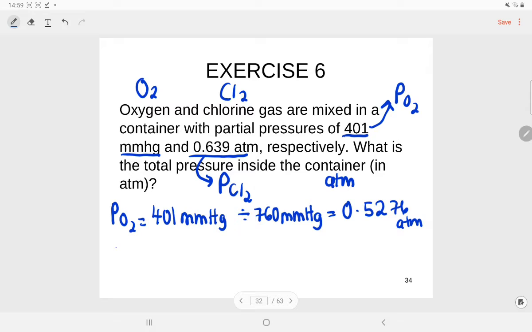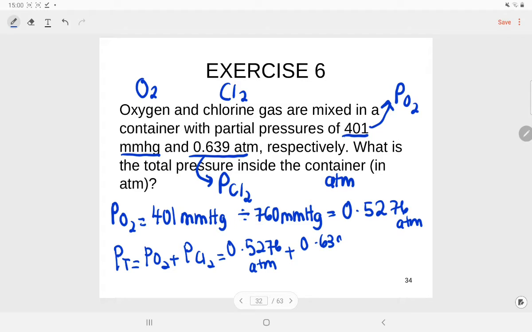So the total pressure is PO2 plus PCl2, which is 0.5276 atm plus 0.639 atm. So press your calculator now.